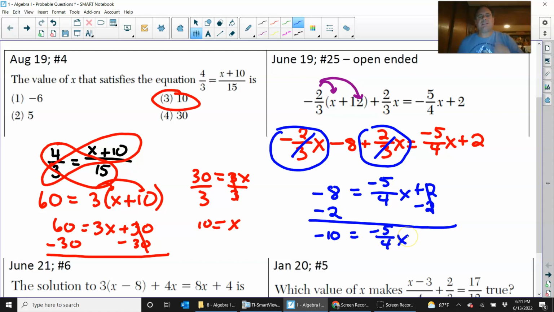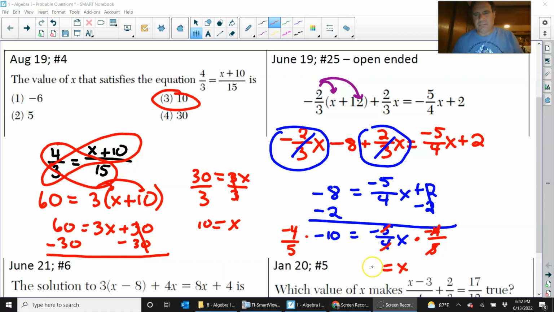So you have a couple of things that you could do here. You can create a proportion by putting a 1 underneath the negative 10 and then cross multiplying, or you can multiply by the reciprocal. The reciprocal is when you flip the numerator and the denominator. So you have negative 4 over 5, the reciprocal of negative 5 over 4, and you have to do that on both sides.